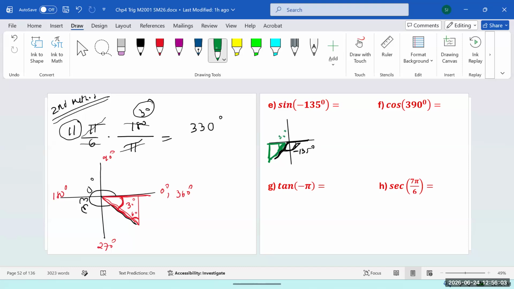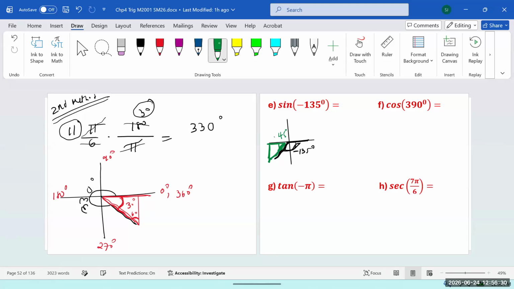That means which triangle we are going to work with? Sorry, 45. Man, what's wrong with me? Sorry. 45. So the triangle we are going to work with is 45, 45, 90. That means you need to know the length of your sides. What's the opposite of 45 degrees? 1.